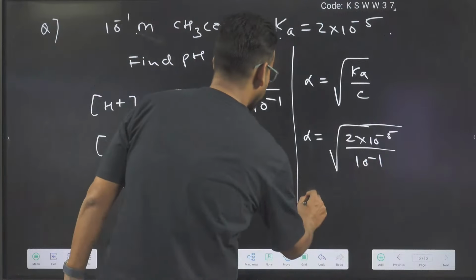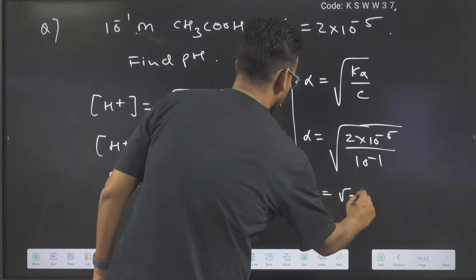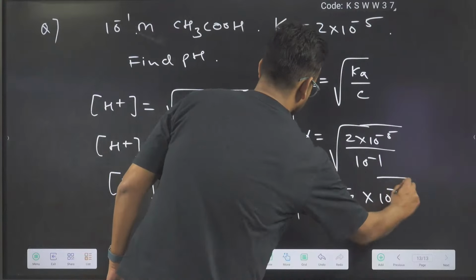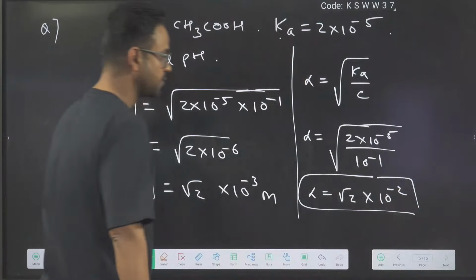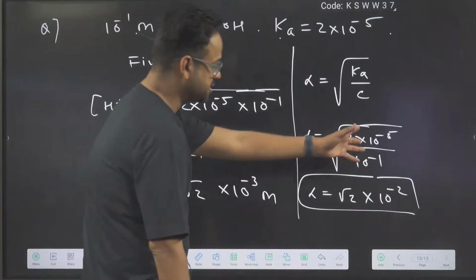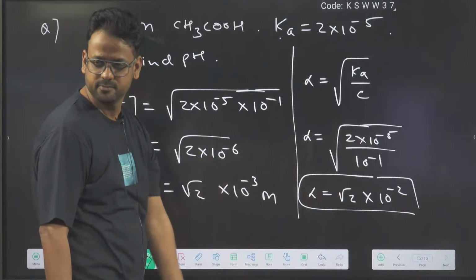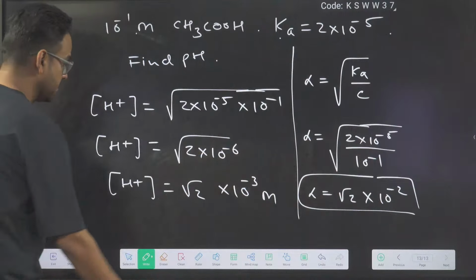So how much do I get from here? Root 2 into 10 to the power minus 2, which is small. So it is correct only.